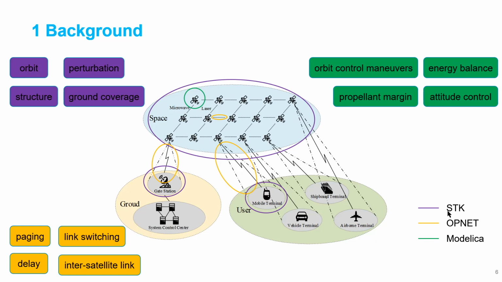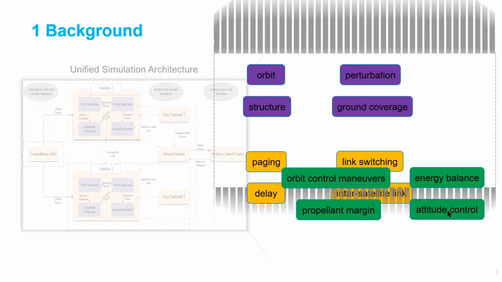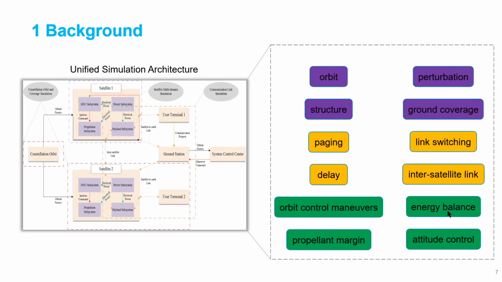In order to realize the unified model of various simulation tasks of constellation, the constellation system model architecture is proposed as shown in left figure. Each color line with arrows in the figure represents a specific interface.